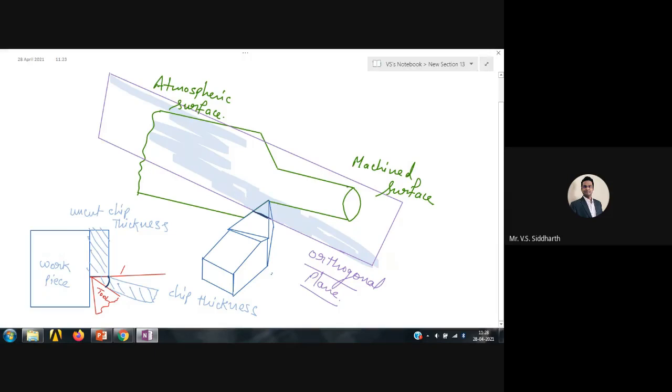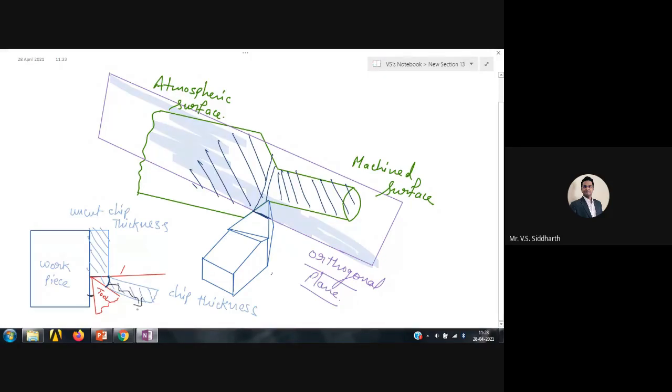So definitely I will not be able to see this machined surface in a sectional view. What I will be able to see is only this much part. So that's what I have drawn here. Now you tell me what is this angle and what is this angle?